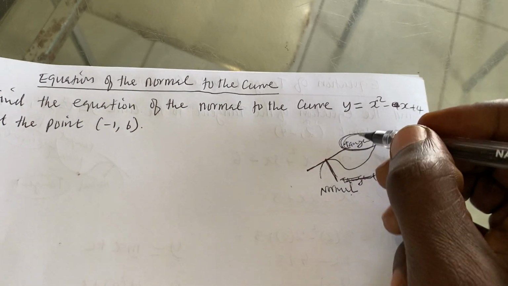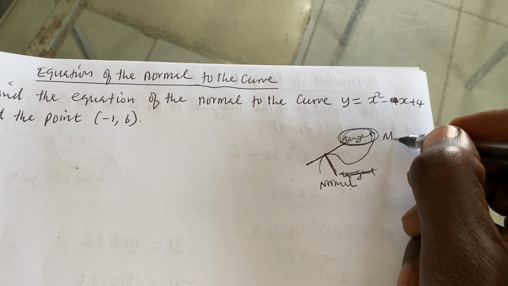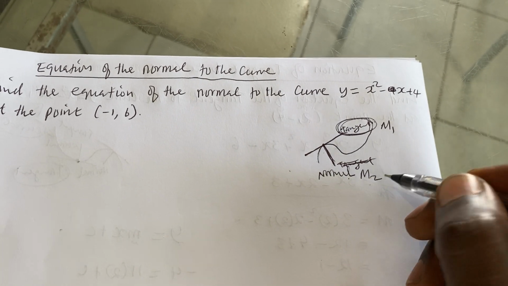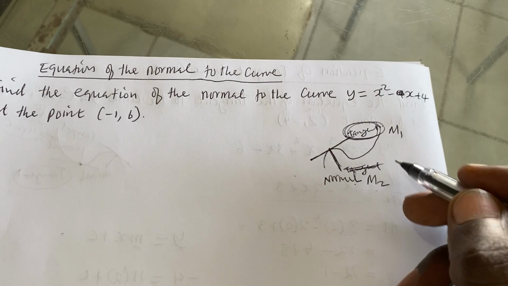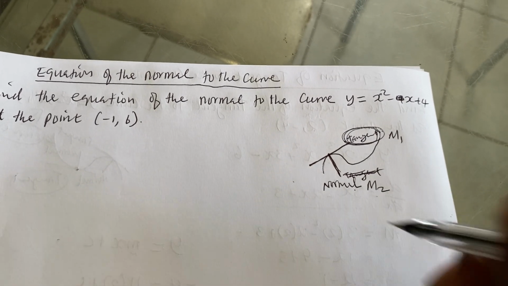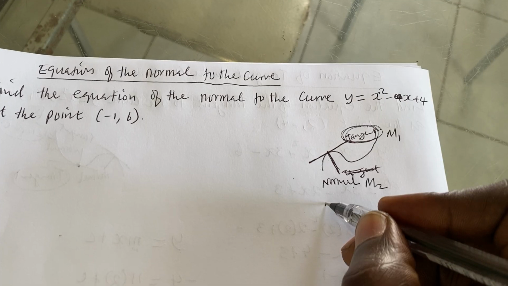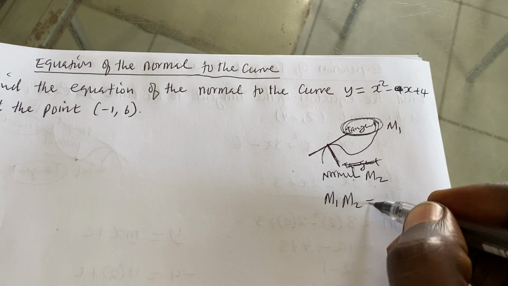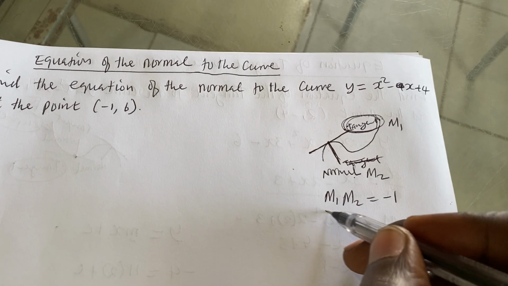Let's say the gradient of the tangent is m1, and the gradient of the normal is m2. So the product of these two gradients should give you -1, meaning m1 times m2 is equal to -1.